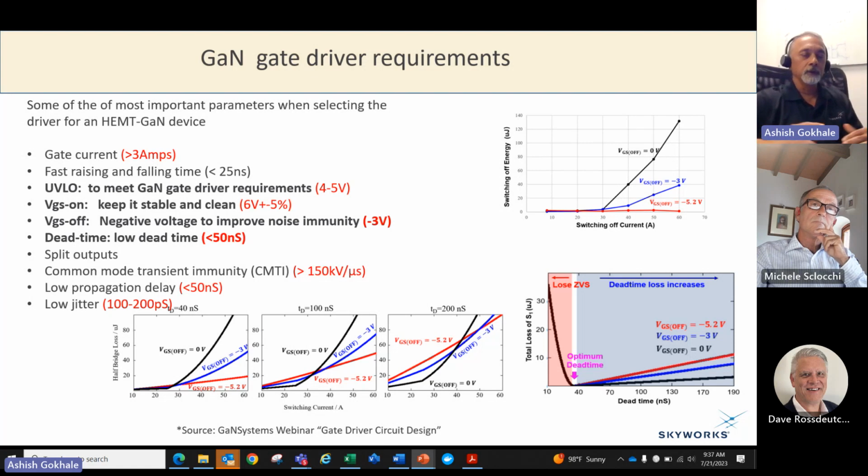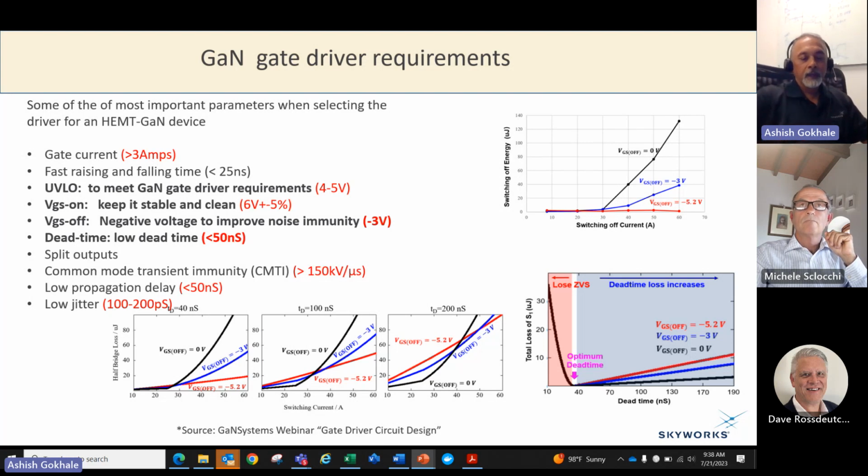That little headroom between the driver turning on from the UVLO stage and turning the GaN fully on is important, so the UVLO has to be low enough. For Skyworks drivers, we have a 3-volt UVLO level, which is absolutely perfect for driving these kinds of GaN transistors.